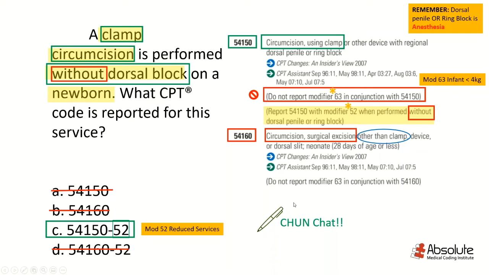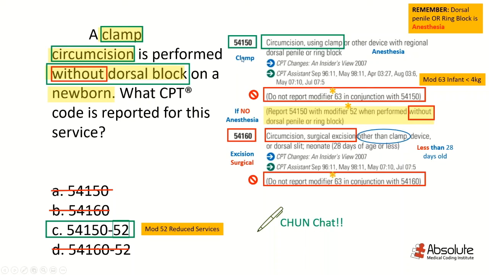All right, so I'm going to give you a brief chun chat, okay? Remember that the dorsal penile or ring block, it's anesthesia. This is with the regional dorsal penile or ring block, and this one is when they have no anesthesia. So the clamp, really, they say that's anesthesia, but that really ain't no anesthesia. This is how I have it chunked, just so you can remember. You're going to have clamp, and then you have anesthesia.